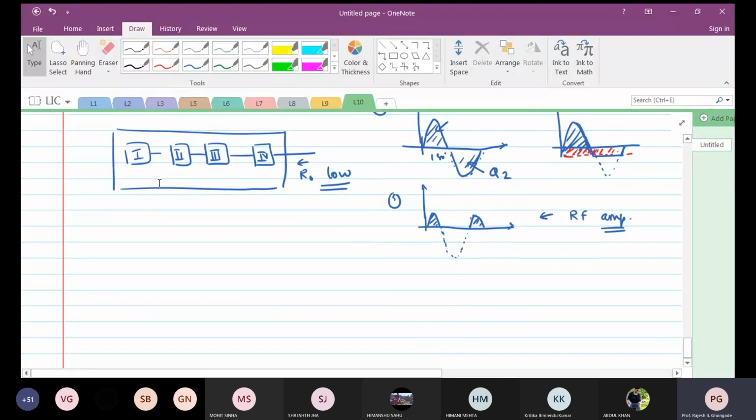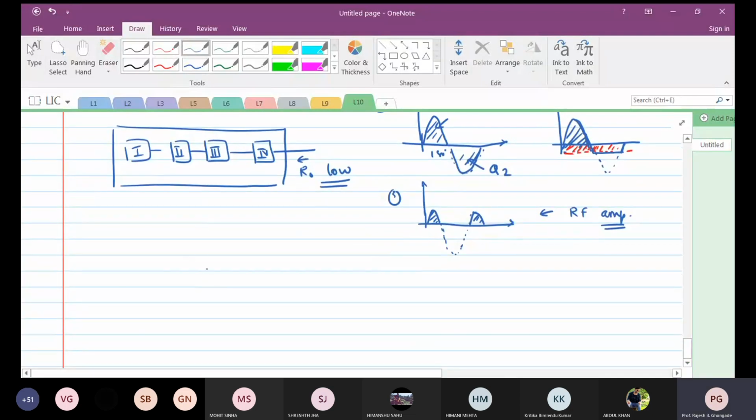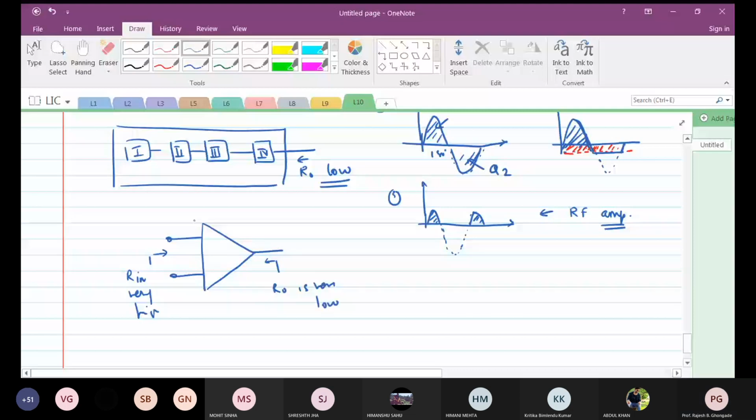We want to design a generic amplifier like this, whose input impedance is very high, whose output impedance is very low. It should have 2 inputs, dual inputs, and a very high gain. So have we managed to do that?